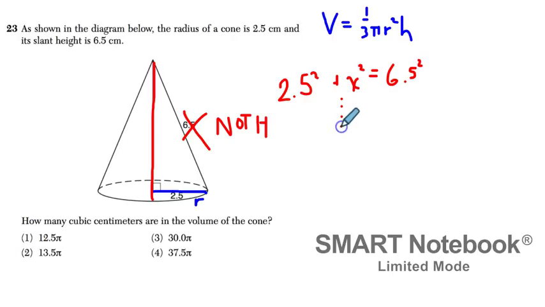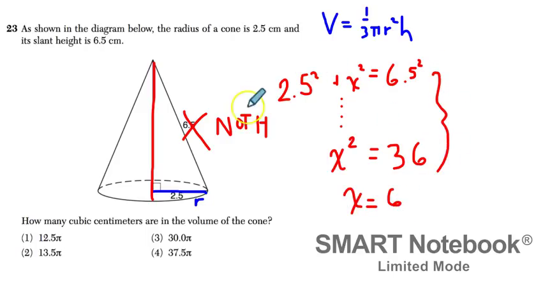If you're doing test corrections on this, I want you to work this whole thing out. I know that you can solve the Pythagorean theorem. If you do solve it correctly, you'll get x squared is equal to 36, or x is equal to 6. But on your test corrections, if you want full credit, show all the work. So this is 6. Then this is equivalent to 1/3 pi times 2.5 squared times 6.